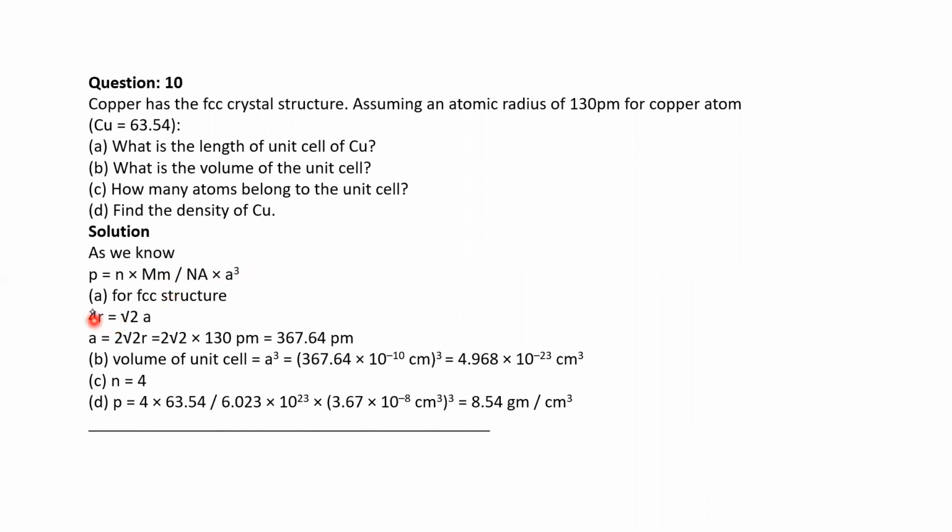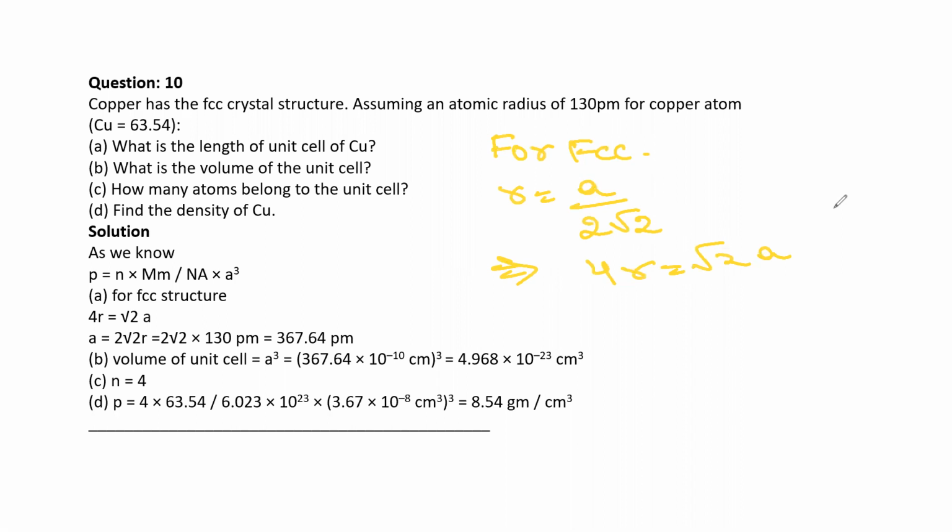Now for the FCC structure, we already know the relation between the radius and edge length: r is equal to a by 2 root 2, which means 4r is equal to root 2 a.